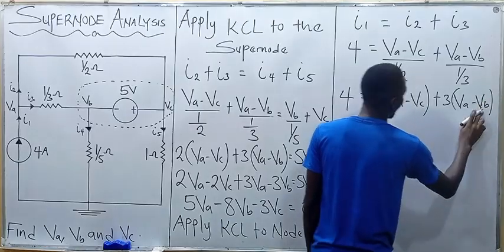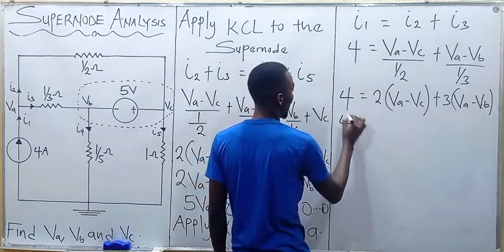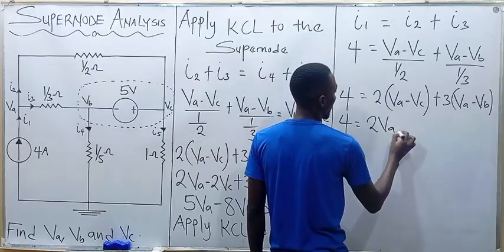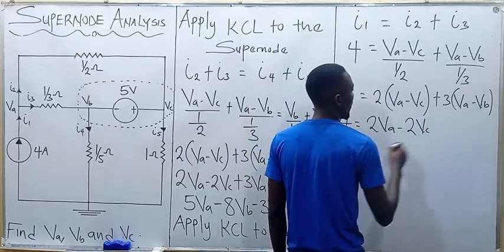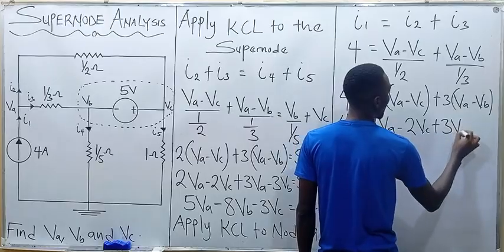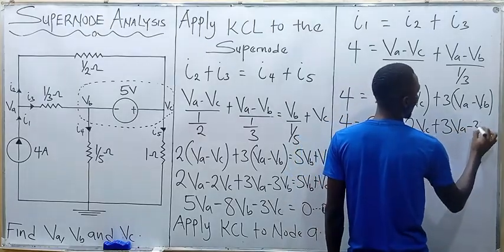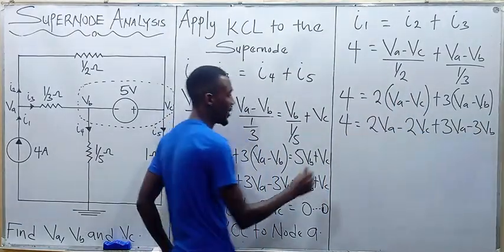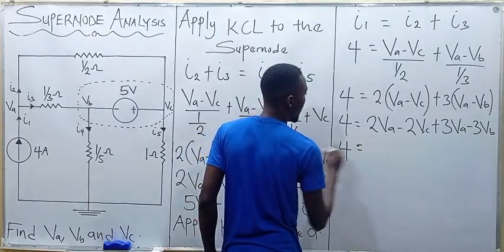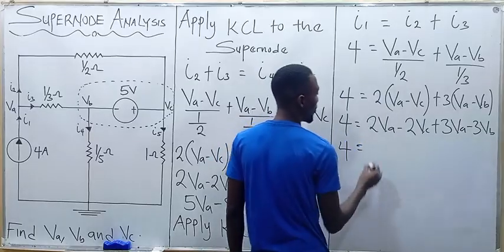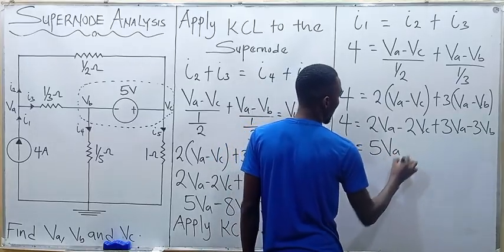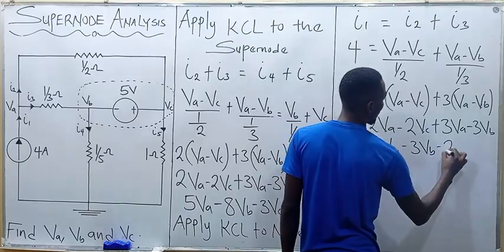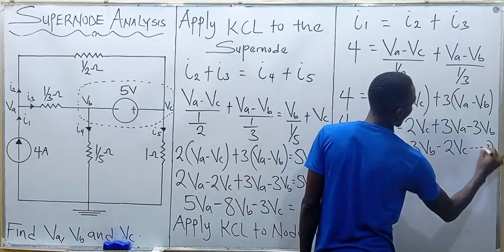Opening the brackets, 4 equals 2VA minus 2VC plus 3VA minus 3VB. Collecting like terms, 4 equals 5VA minus 3VB minus 2VC. That is equation number 2.